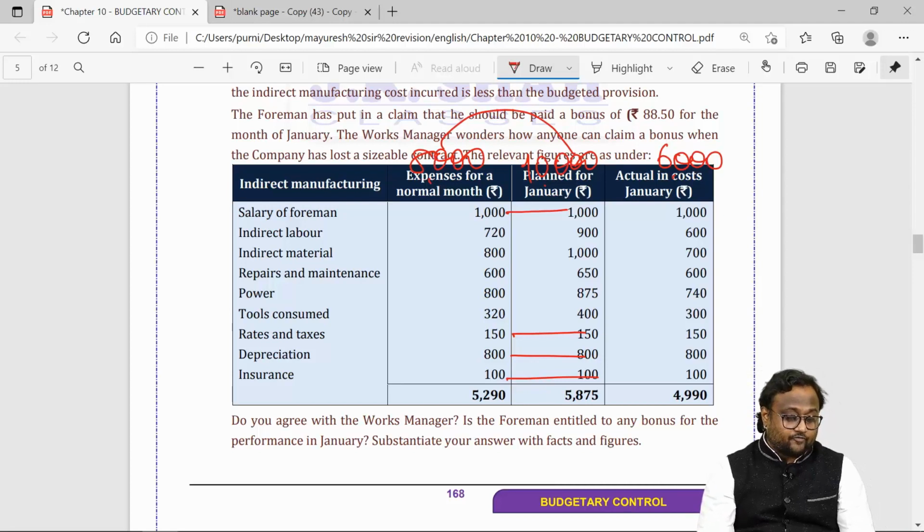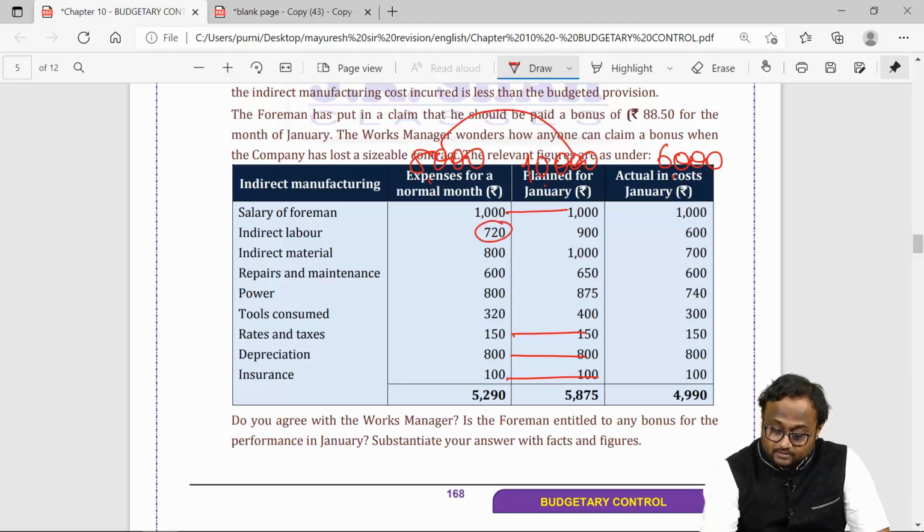The quantity has gone up from 8,000 to 10,000, still there is no change in the cost structure. That means these are fixed cost structure.